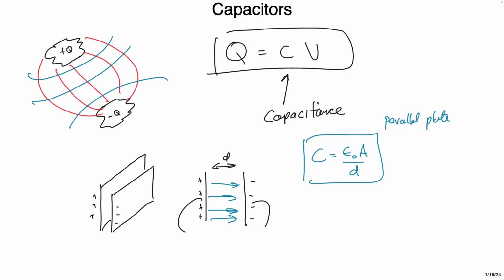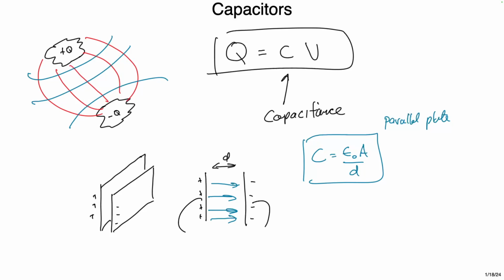But wait, we're getting these charges closer together, aren't we? And what do positive and negative charges want to do? They want to get closer together. So we can almost neutralize charges that are close enough together, which means there's more room for charge to pile onto the plates.